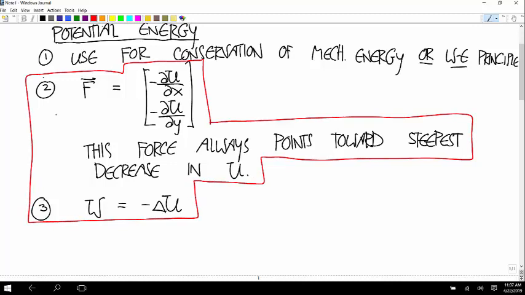If you're doing kinetics, the main reason you would want to use this is if not all of your work is done by conservative forces, then you have to use the work energy principle. And this is how you get potential energy into the work energy principle.